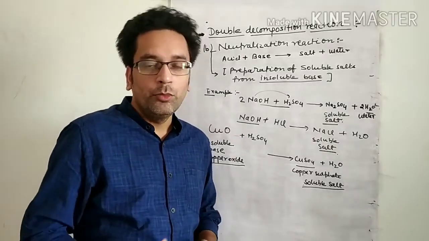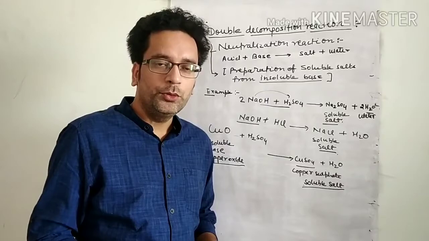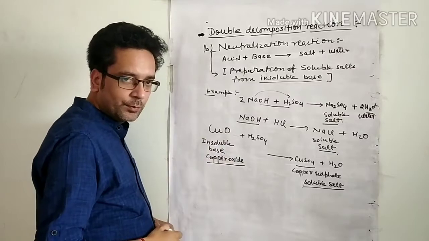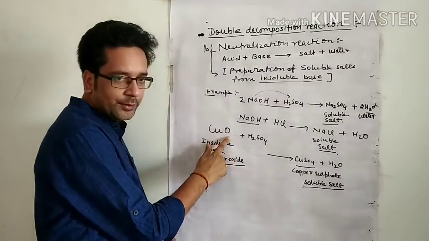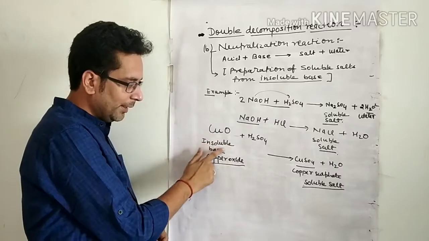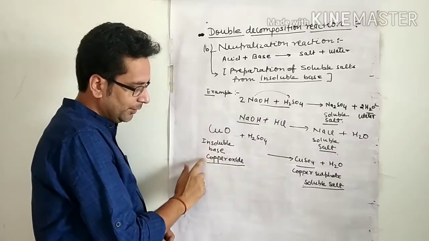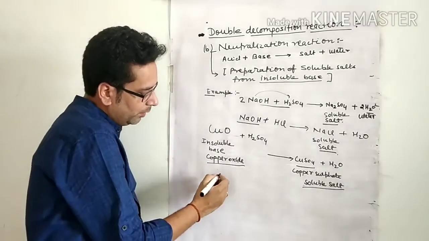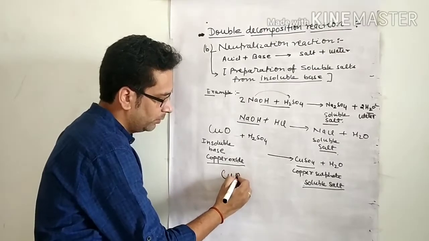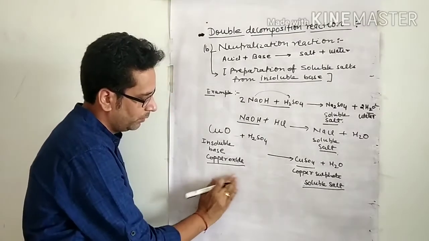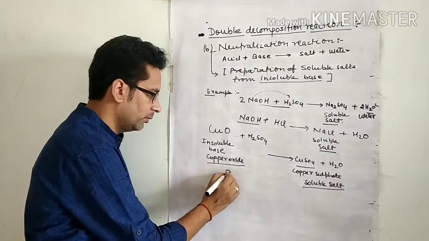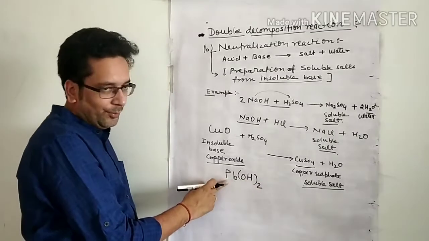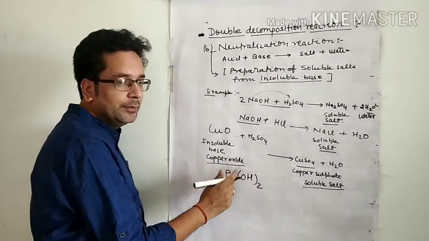Okay, now one more example we are going to discuss, that is, look here, copper oxide. Copper oxide, clear, it is an insoluble base. Now look here, lead hydroxide, it is a base and it is insoluble.